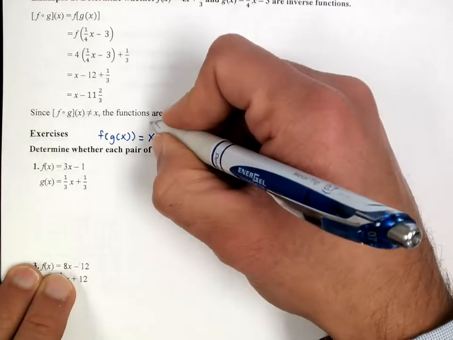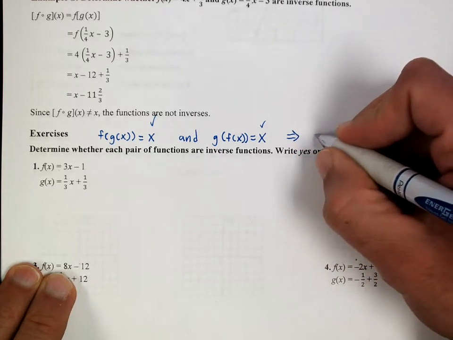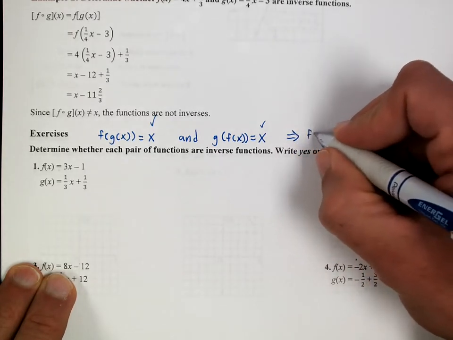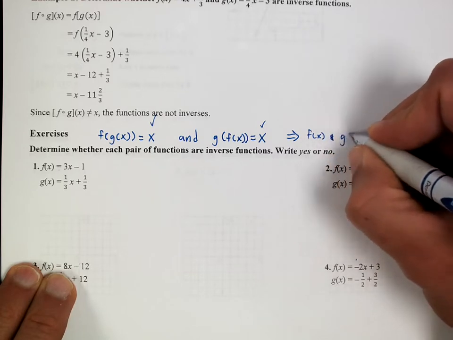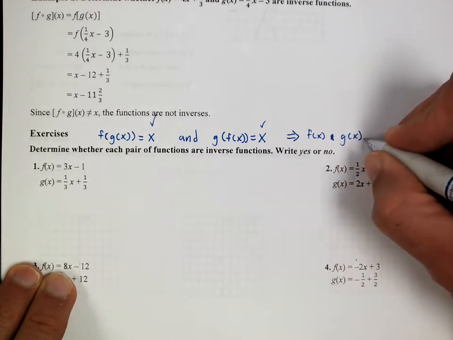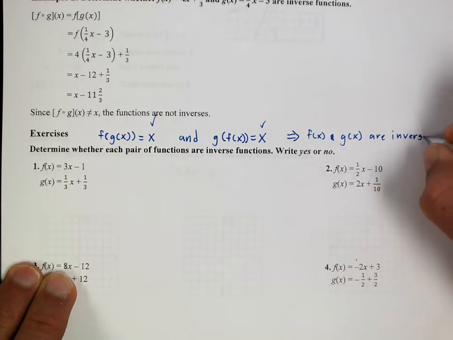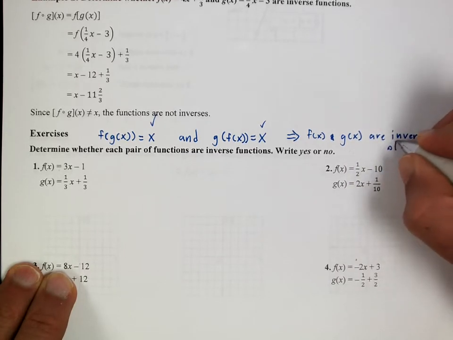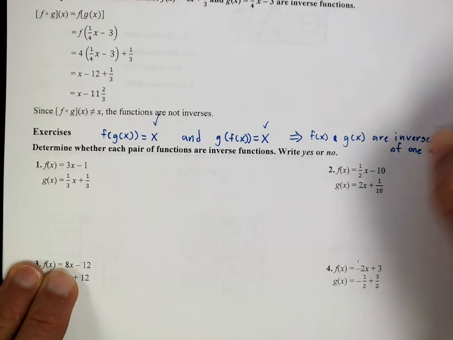So you have to have both. And that means that the two functions, in this case f and g, are inverses of one another.